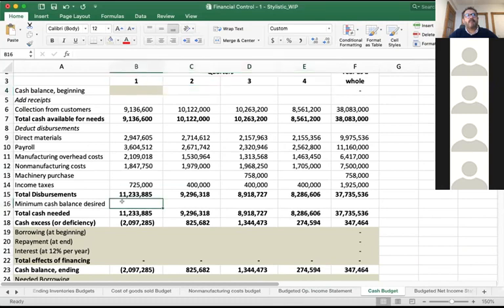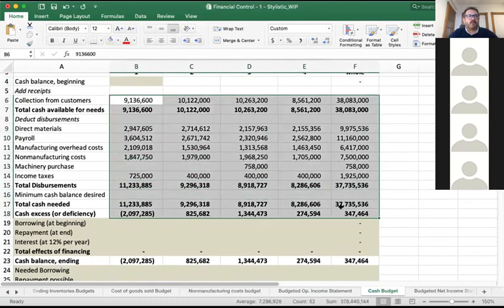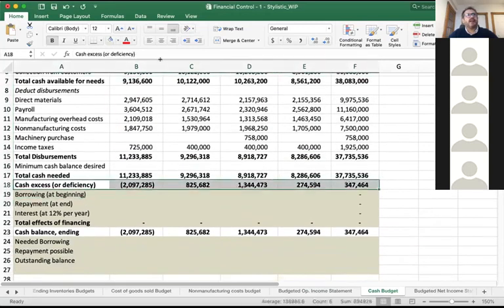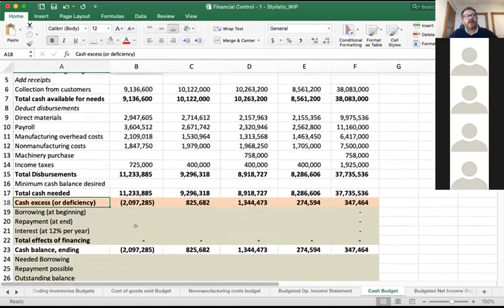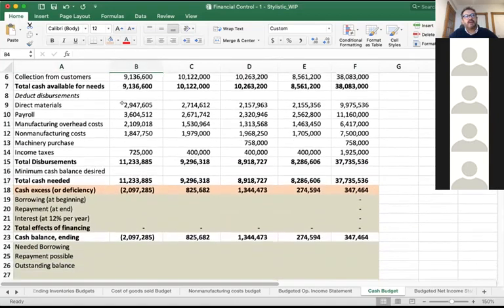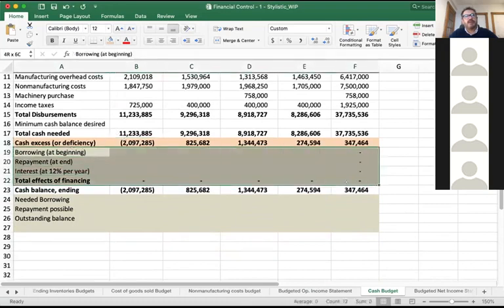Okay, and then you have all the cash receipts and disbursements. And so you have this famous line that I like, which is the line that shows the excess or deficiency of cash. Okay, so it's not finished for the moment because you need to fill in the beginning cash. Once you have it, you are able to think about what is the borrowing, ending, and so on.